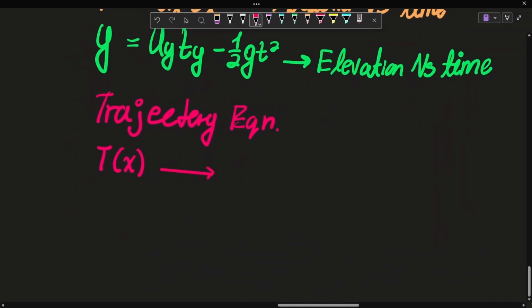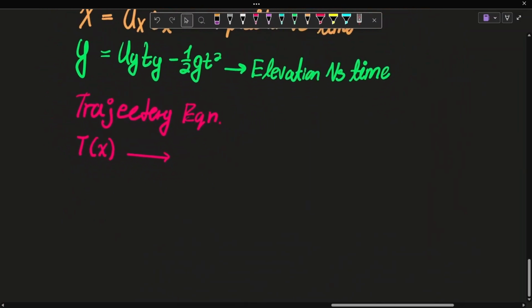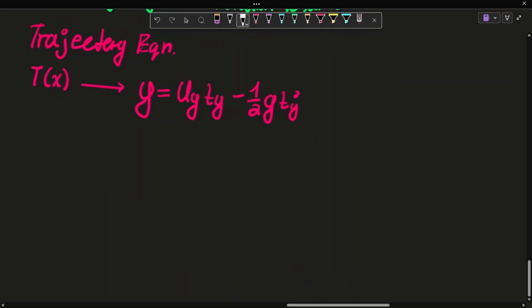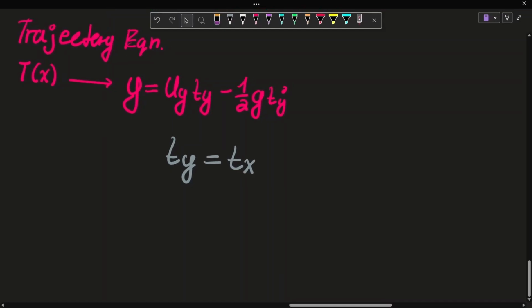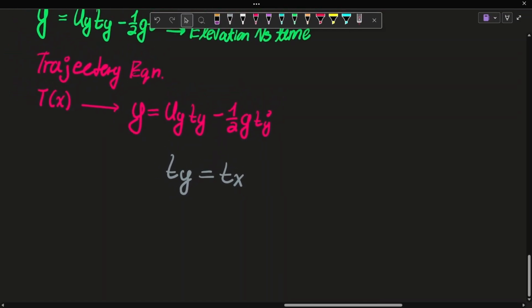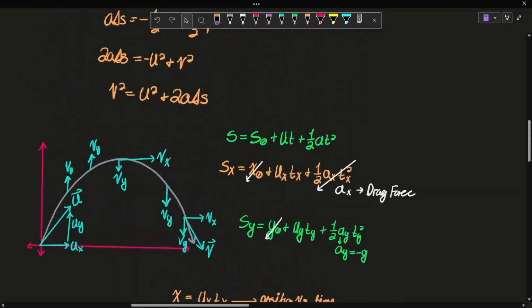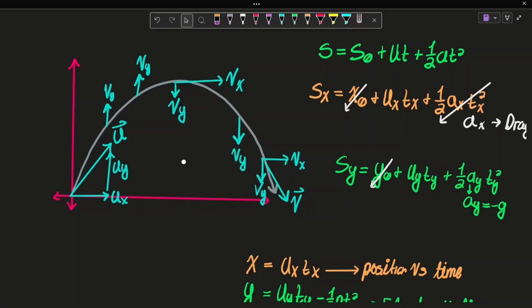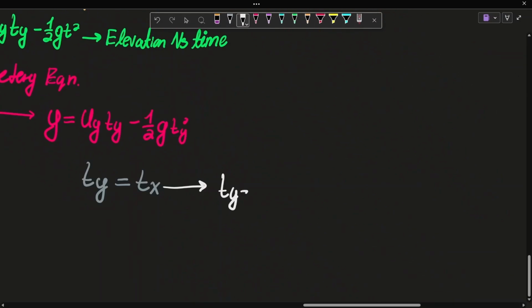To do that, we have to replace the time in minus 1/2 g ty squared. What we have to recognize is that the time along the y is the same as the time along the x. You can't travel for longer along the y and then less along the x. That makes no sense. Since time is linear, the same steps along the y and the x correspond to the same time interval.